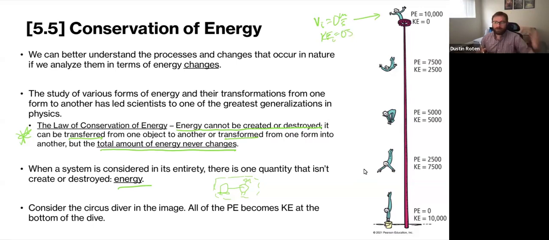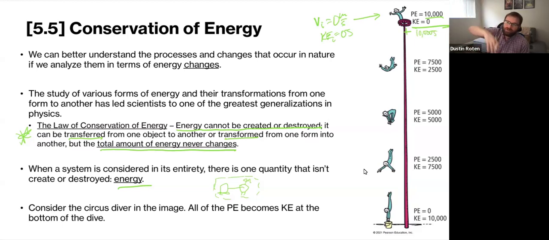No motion, no kinetic energy. But notice he has 10,000 joules of potential energy here. It's 10 kilojoules. And let's total this up. So let's do potential energy plus kinetic energy. Look at what we get. Shocker, since kinetic energy is 0, when we add these together, we still get 10,000 joules of energy. It's just all potential energy.